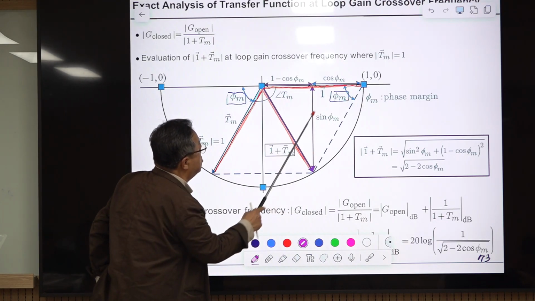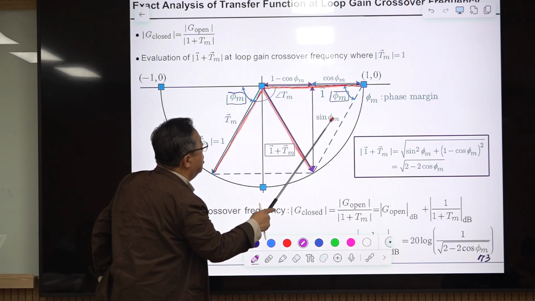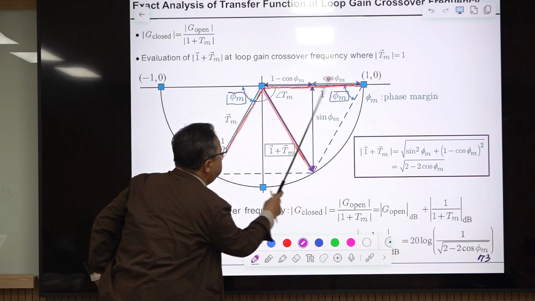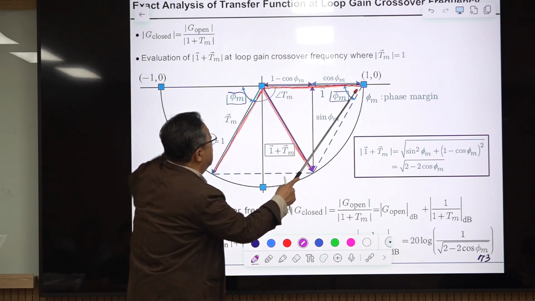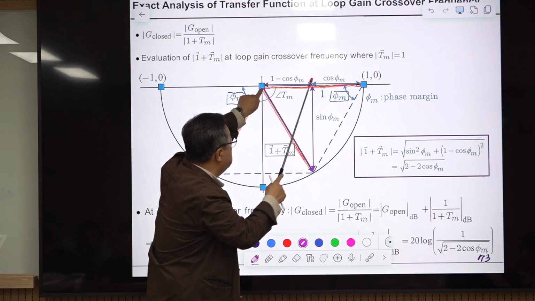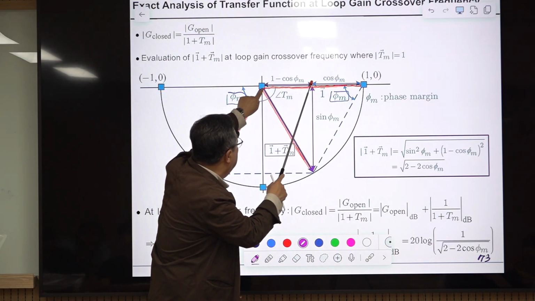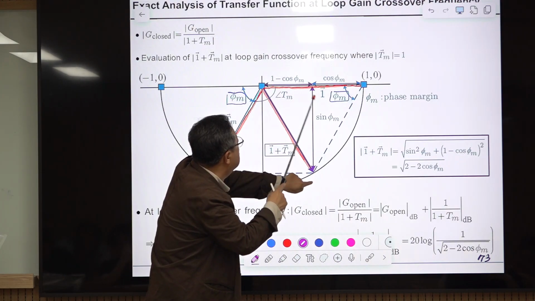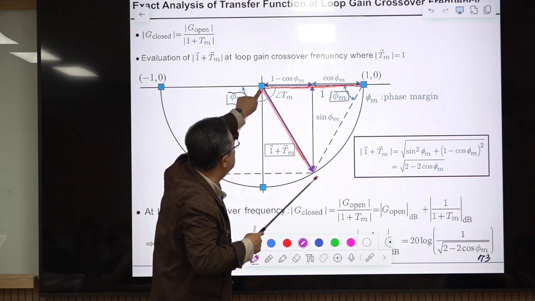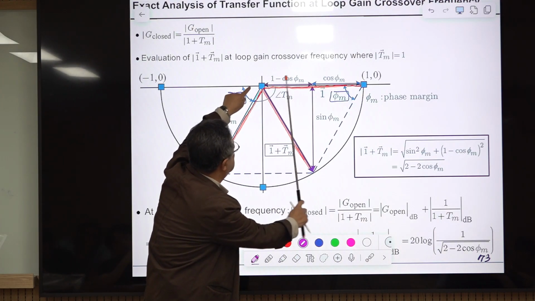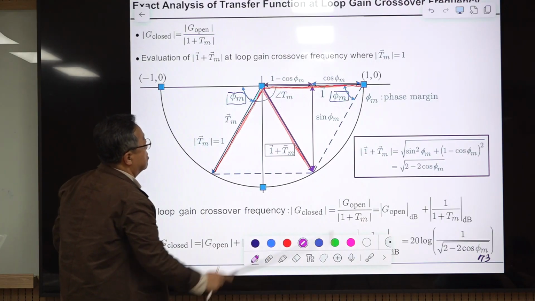Then this length is cosine phi m, this length is sine phi m, this is cosine phi m, and this length is 1. So this length is 1 minus cosine phi m. And this is sine phi m, and this is sine phi m.